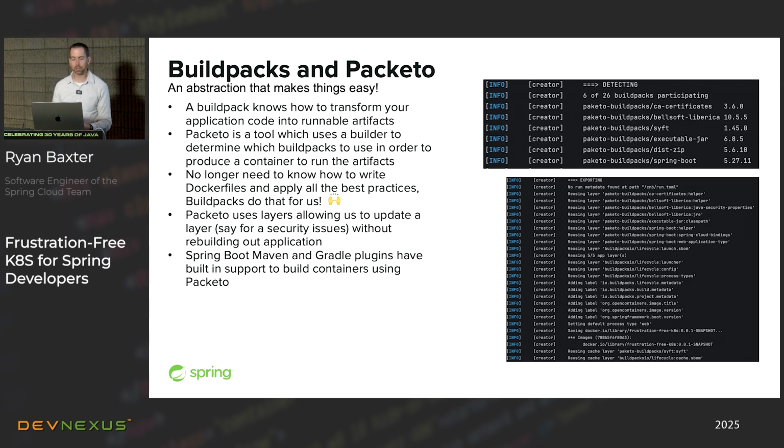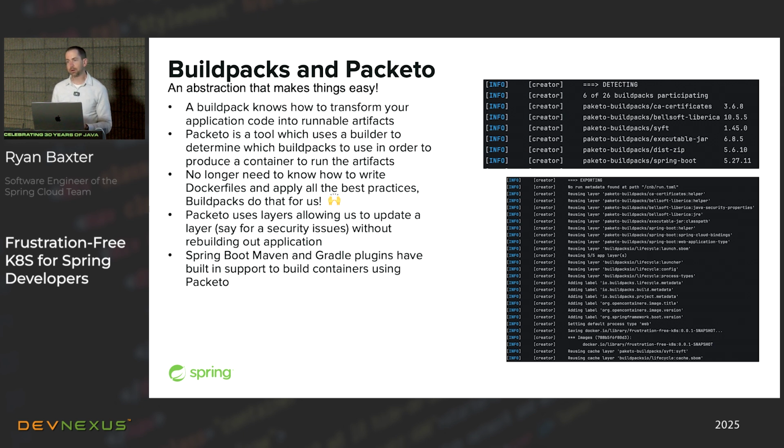And Paketo is a tool that uses a builder to determine which buildpacks it needs to use to turn your application code into a container. So those two tools together take care of all the best practices around creating containers for your application. It takes care of making sure that thing is going to run efficiently, and that it's always using the latest and greatest versions of things, so there are no security vulnerabilities, all that fun stuff.